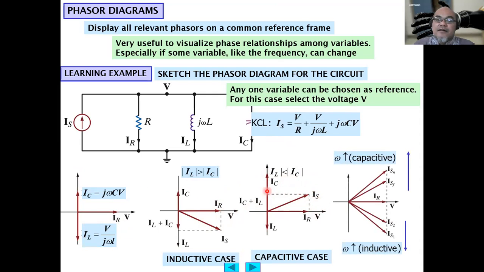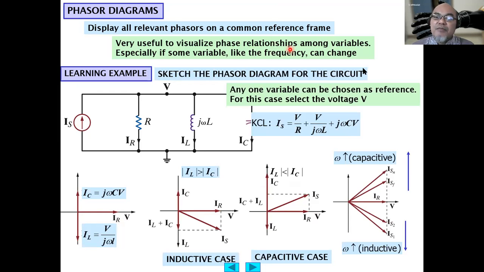So in summary, when a network is capacitive in characteristic, the current will lead the voltage in phase angle. If the network is inductive in nature, the voltage will lead the current.